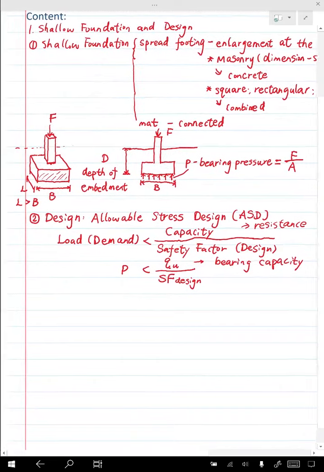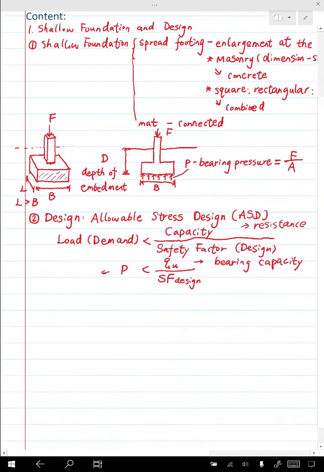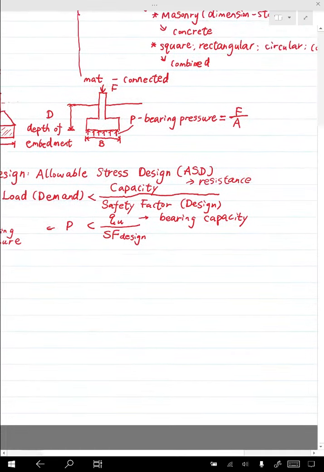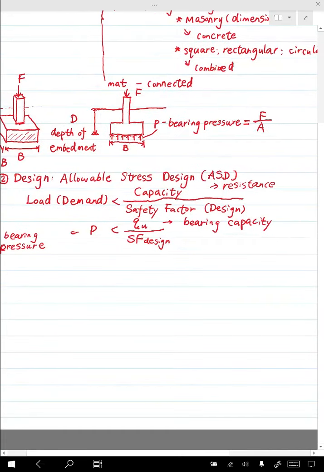And a P. Here you can see that we have this bearing pressure. It's the same thing here. But in later lectures, we usually don't use this equation directly. Instead, we do it in this way. We first reformulate this equation a little bit. So we said that QU over P. This is actually also safety factor, but it's the actual safety factor.